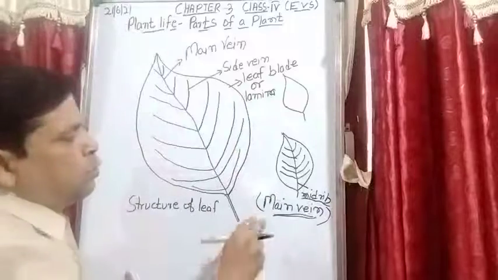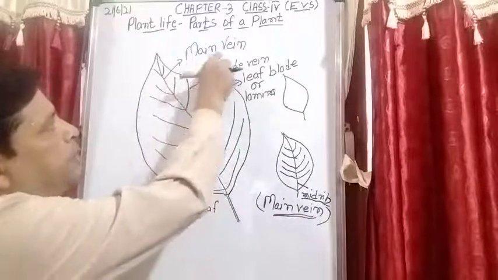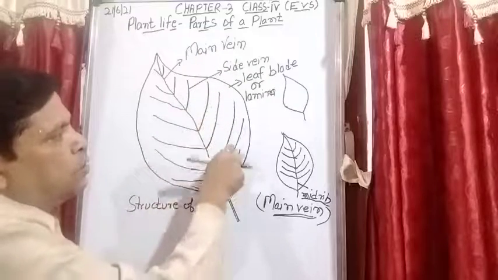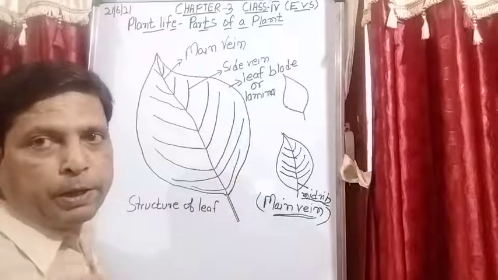Is it clear? So this is a main vein, and these are small side veins which are attached to the main vein.